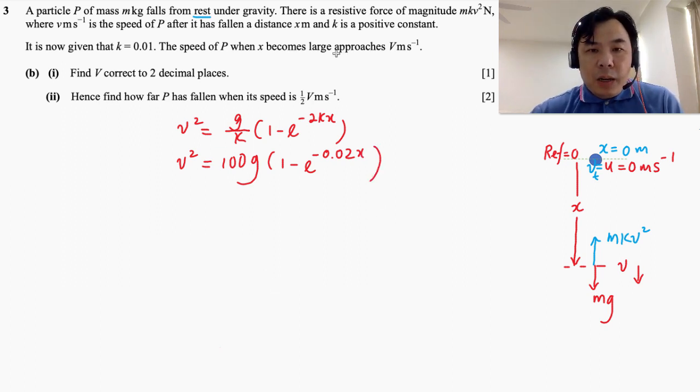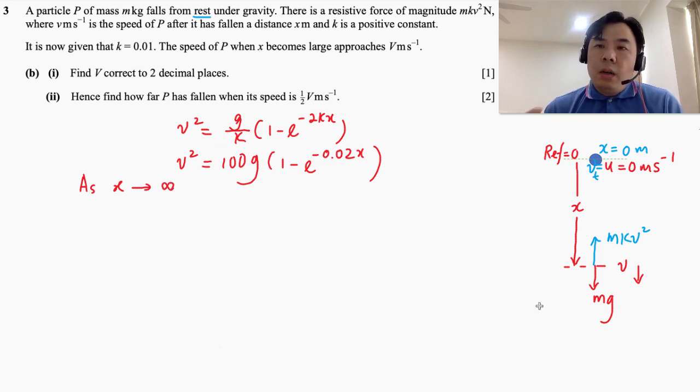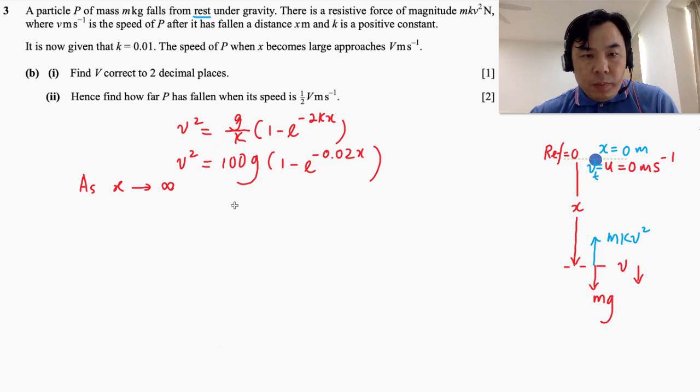As x becomes large, in this case we want to find v here. So as x approaches infinity, like extending through a very long distance here, the v squared would be as x approaches infinity.